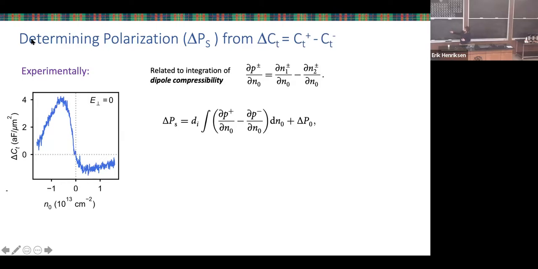What happens to that difference as we change the overall density N0 is something called the dipole compressibility, and this is something that we can measure directly in the capacitance. So maybe it's not surprising that the total polarization in the system, this delta P here, is what you get when you take this dipole compressibility and integrate it over the density. It's effectively taking this measurement and integrating it, within some factors.